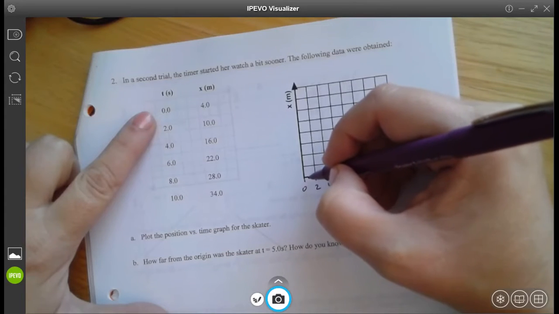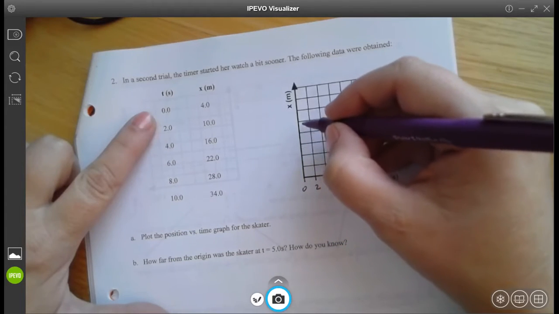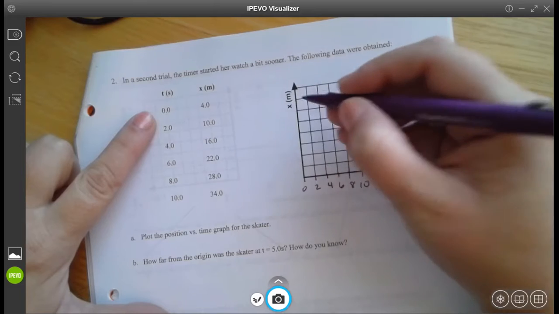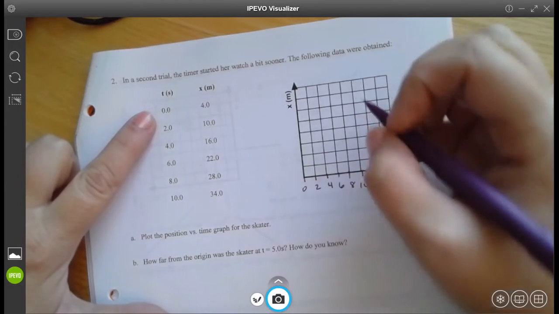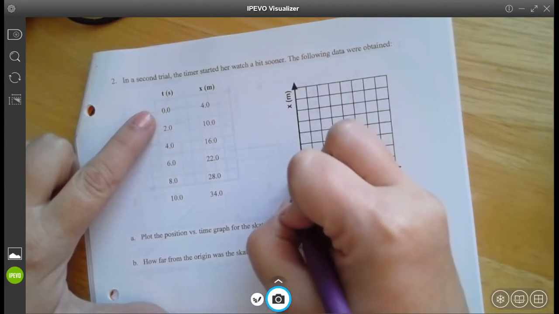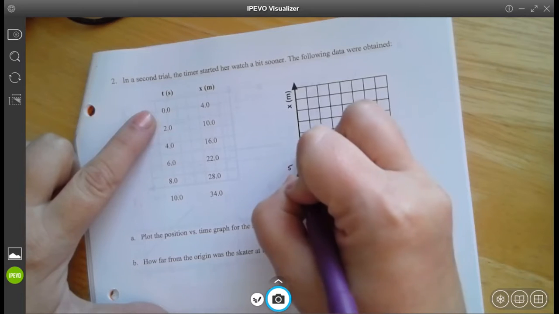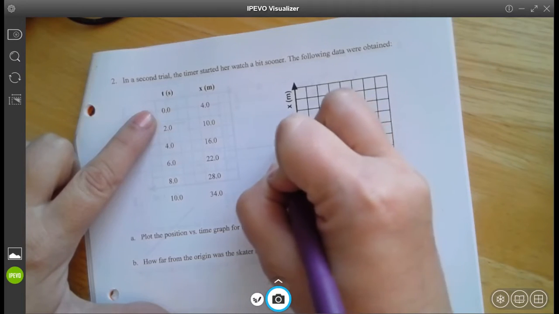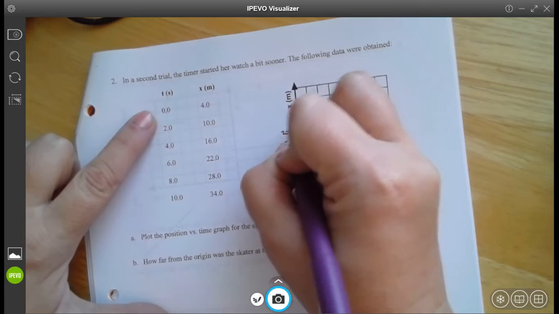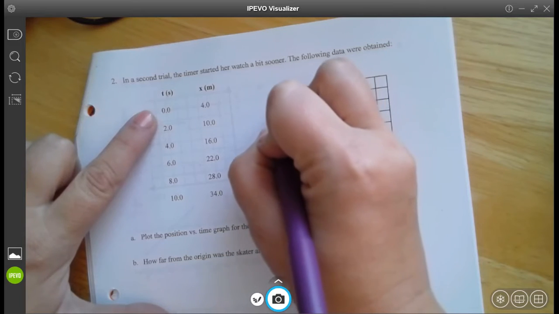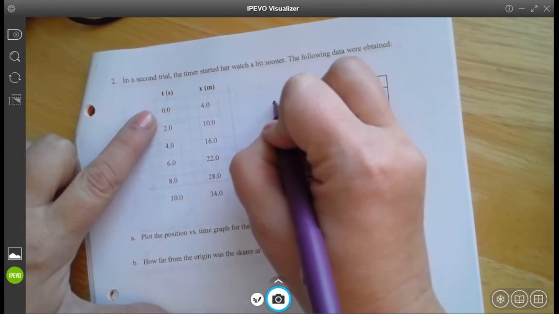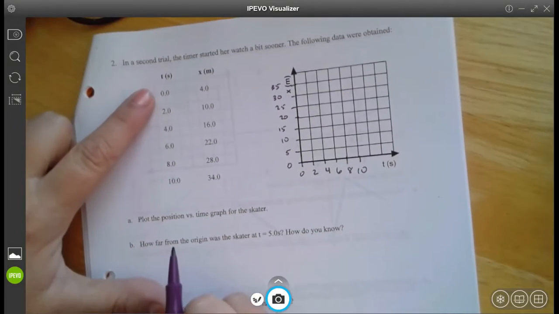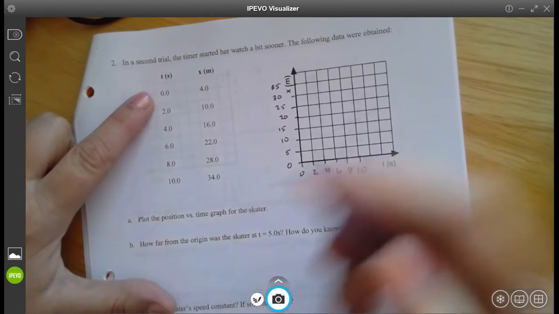If I do 0, 4, 8, 12, 16, 20, 24, 28, 32, I don't quite get there. I'm going to put 5s there this time. So first one will be 0, second one will be 5 meters, 10 meters, 15, 20, 25, 30, 35, and that should be enough.